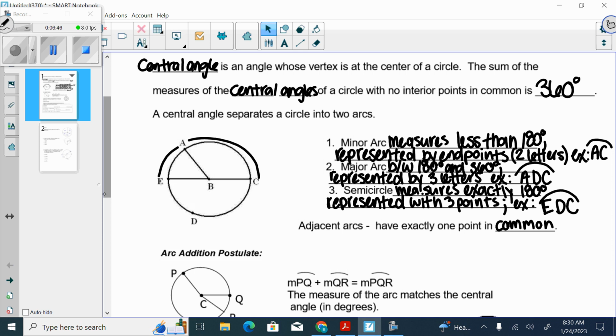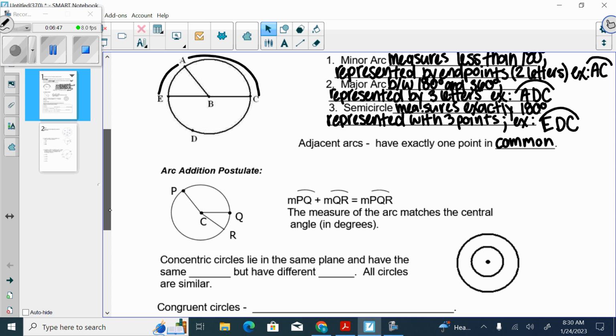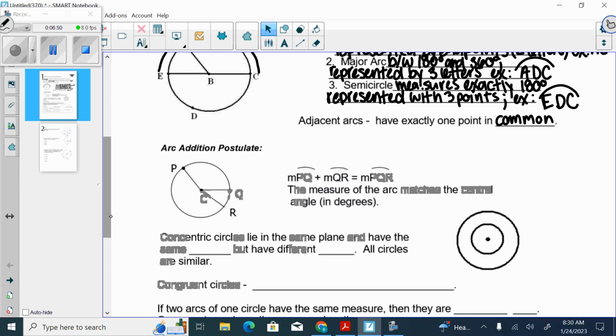All right, then we have our arc postulate. This says that the measure of the arc PQ, from here to here, plus QR, from here to here, is equal to PQR. So if I added those 2 together, I get the entire piece.